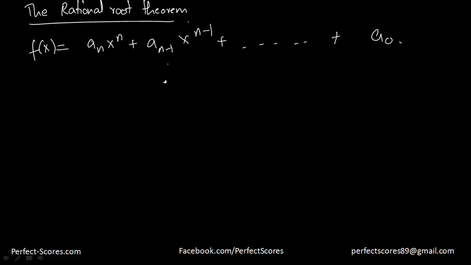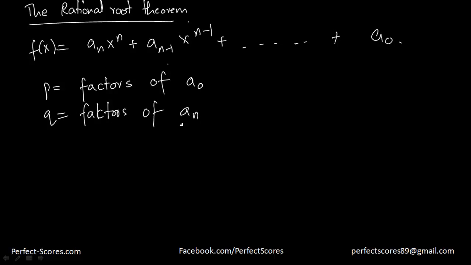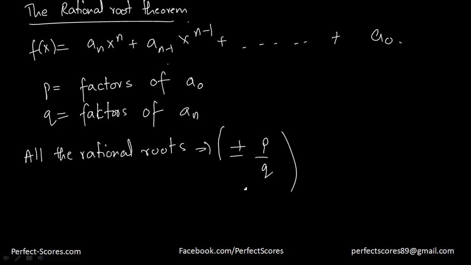Let's say I define that p is all the factors of a_0 and q is all the factors of a_n. Then all the rational roots of this polynomial can be described as plus or minus p over q.